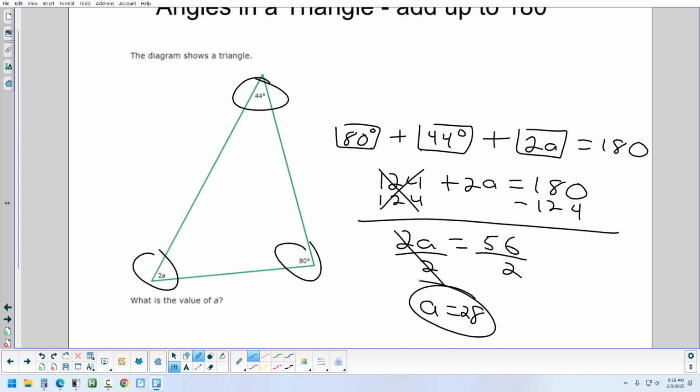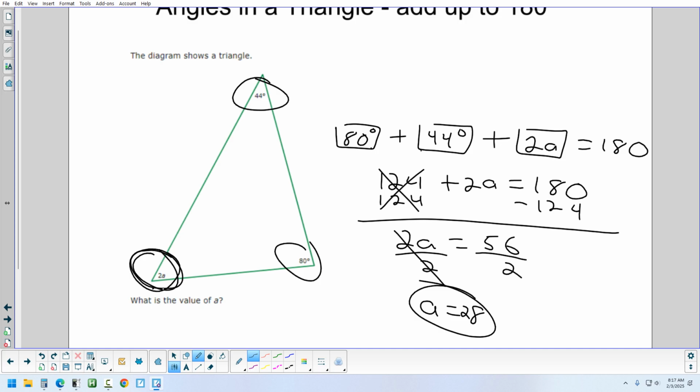So A is 28. Now, they didn't ask this part, but if A is 28, how big would that angle be? That angle would be 56, yep, because this angle is double what A is, and we know A is 28.